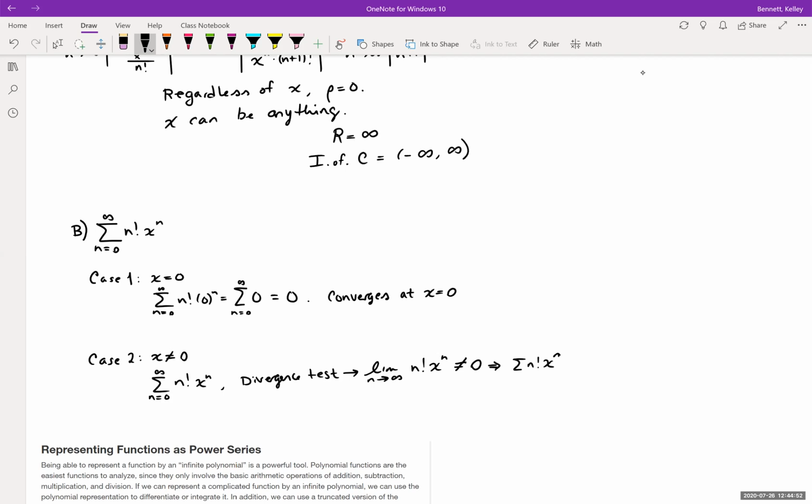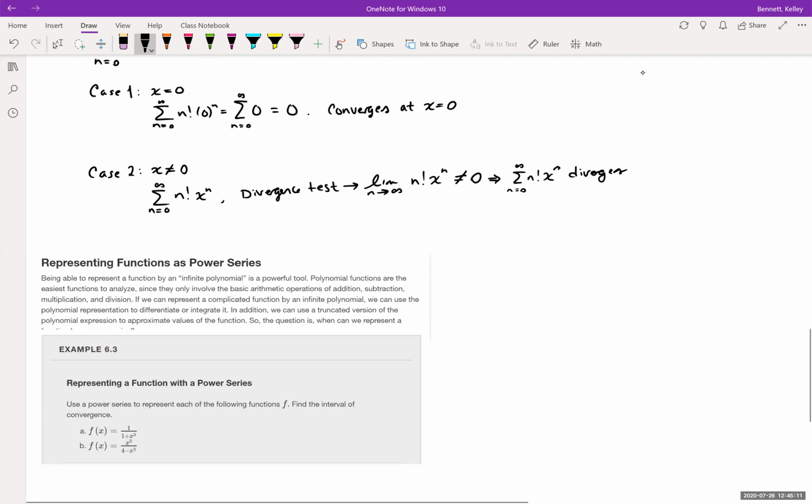So when you have this equal sign arrow combo, that means implies, for a conditional statement if-then. So if the limit is not equal to 0, then the series diverges, is what this notation means. So for us, it's just going to converge at one point.